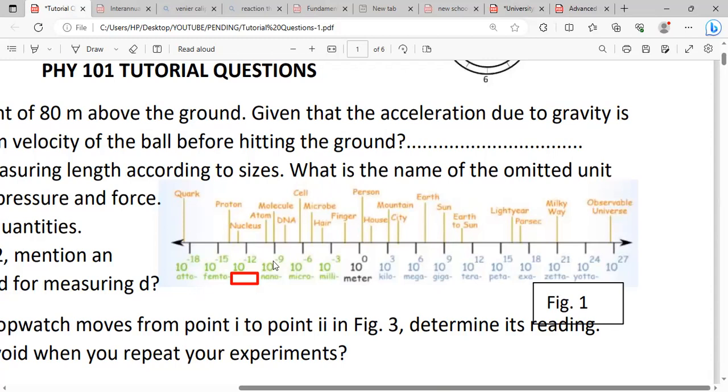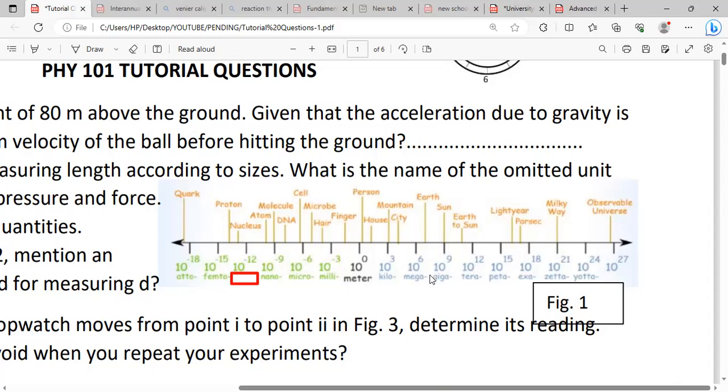We have here 10 to the power minus 9, which is nano. This one is 10 to the power minus 6, micro. 10 to the power minus 3, milli. 10 to the power 0 is meter. 10 to the power 3, kilo. 10 to the power 6, mega.